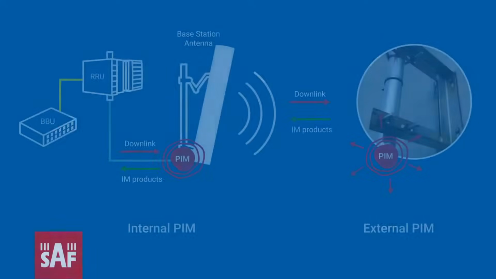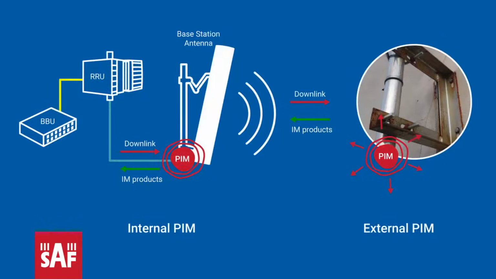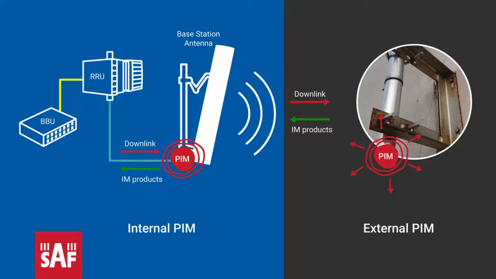External PIM is something that originates outside of the antenna, maybe somewhere near the site, some objects that are in the way of the main beam of the site.